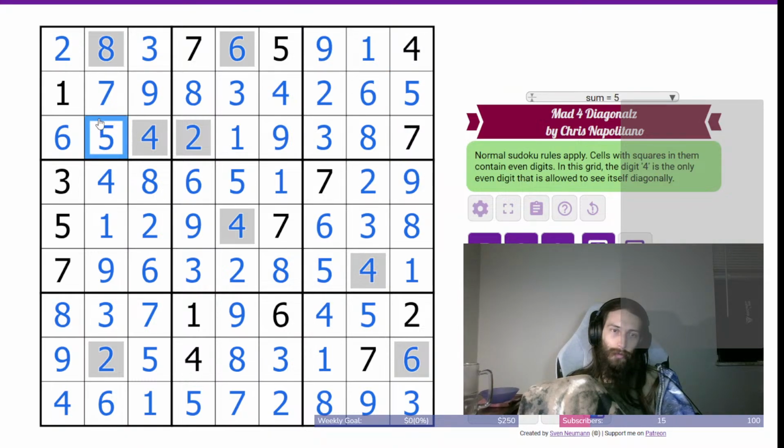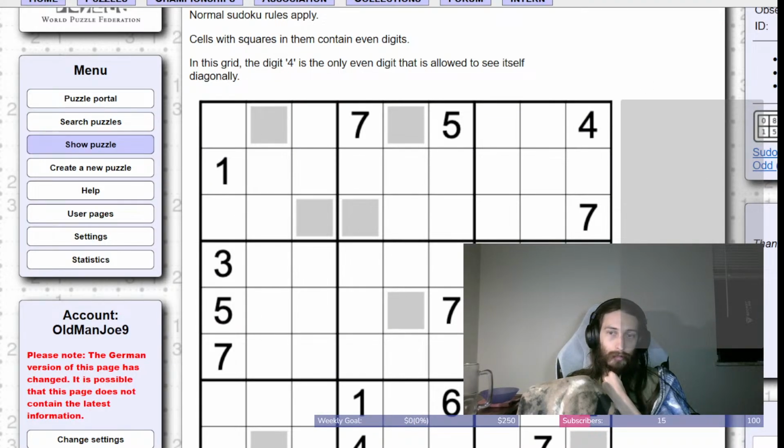Which I think was what allowed this to be helpful, I guess. But yeah, I don't know. Anyway, we got through the puzzle. We gave it a rating.